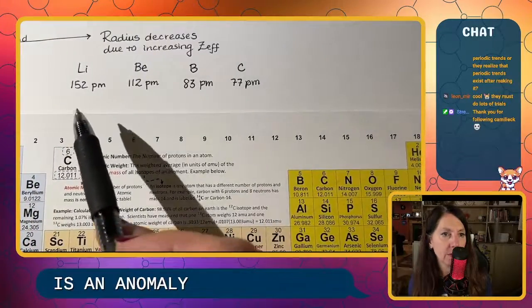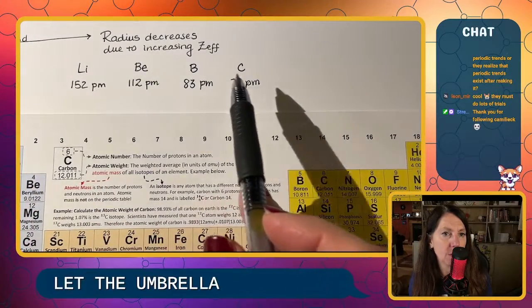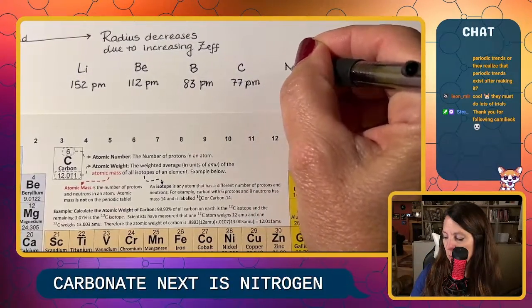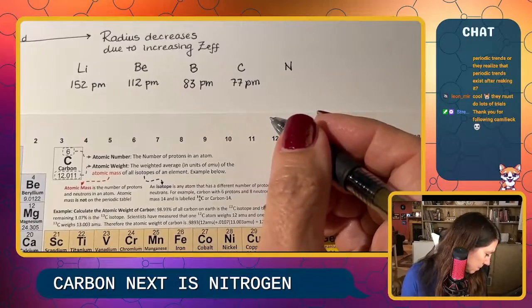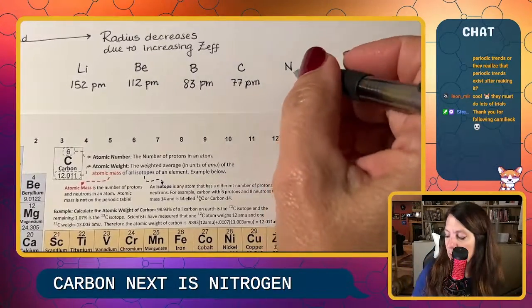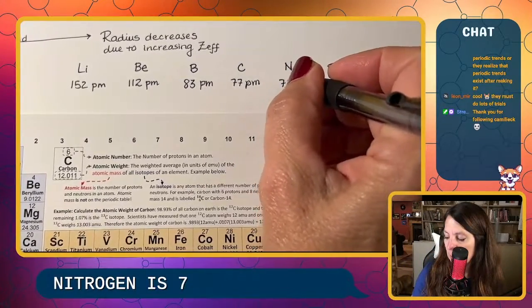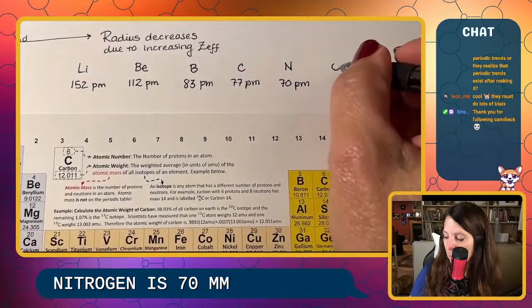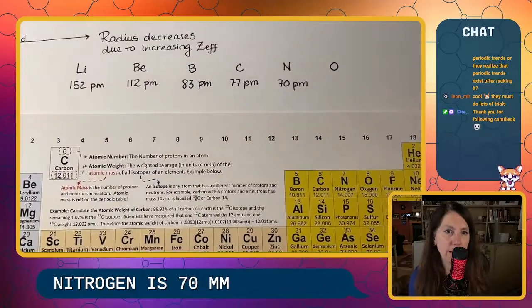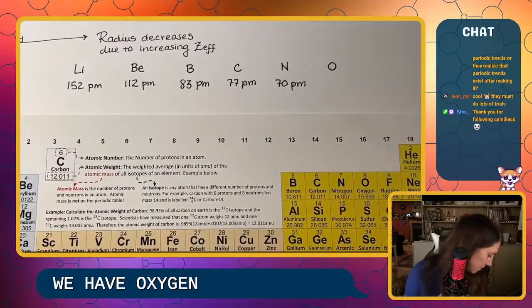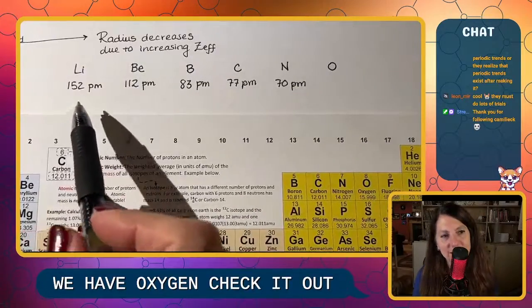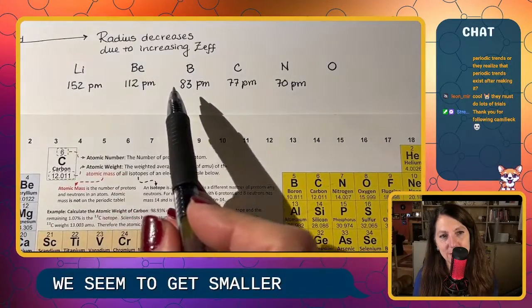Okay, so we've got lithium, beryllium, boron, carbon. Next is nitrogen. Nitrogen is 70 picometers. And then we have oxygen. Check it out. Okay, so we've seen it get smaller, smaller, smaller.